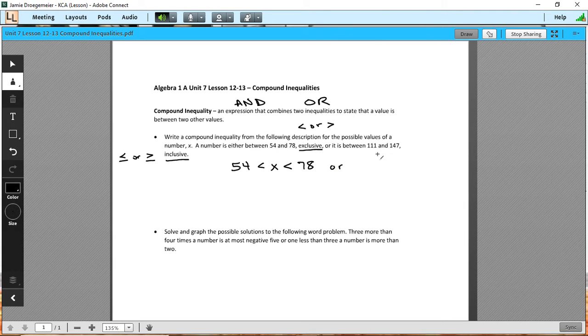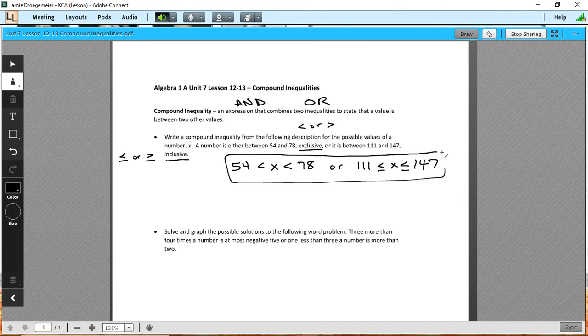Or that x value is going to be between 111 and 147 inclusive, which means that it can equal those amounts. So this is how we would write that compound inequality. Our x value between 54 and 78 exclusive, or between 111 and 147 inclusive.